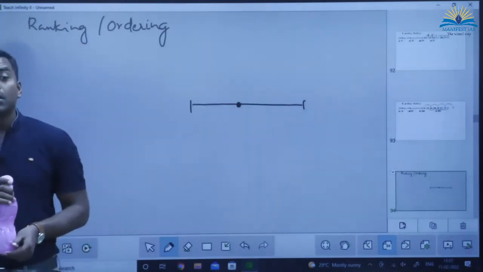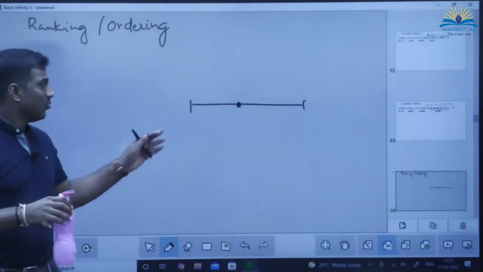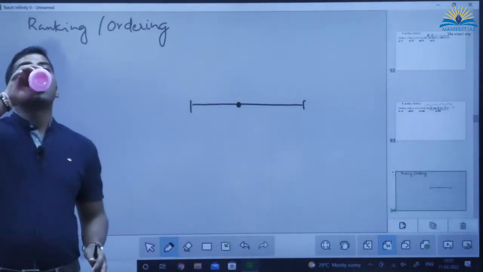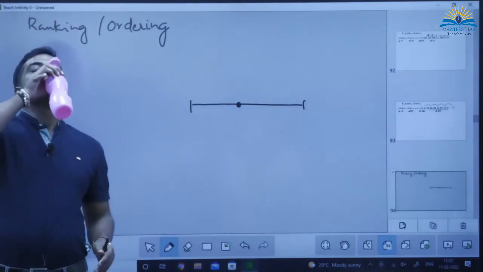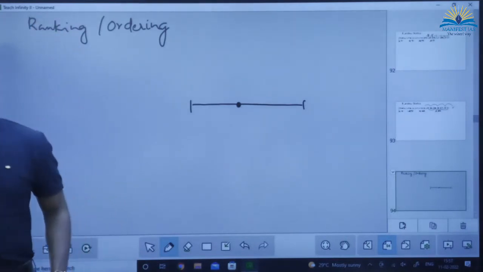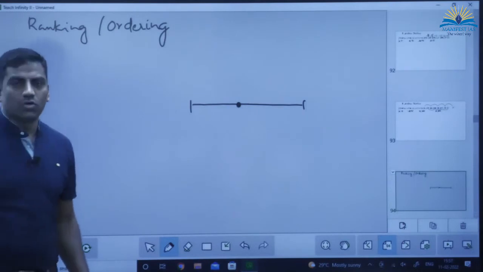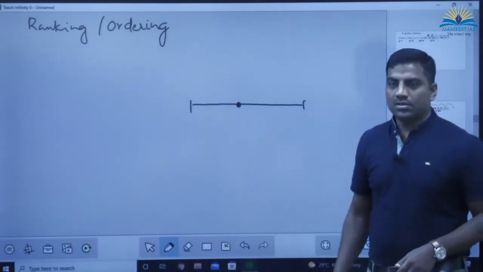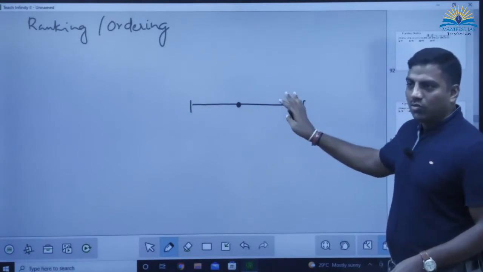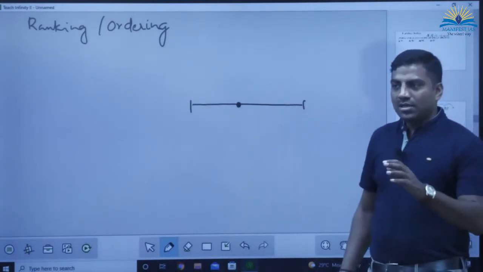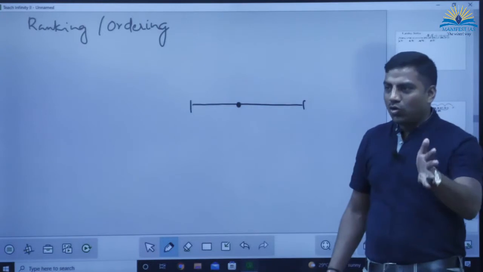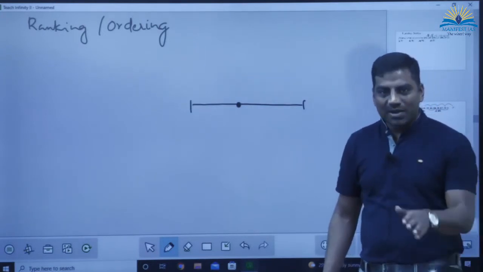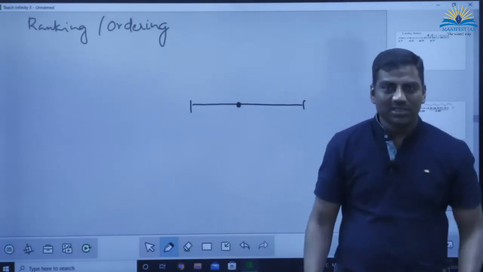Only one row is there. This is a row. One person is there. You know someone, I don't know that person. I am asking you, where is that person in the row?